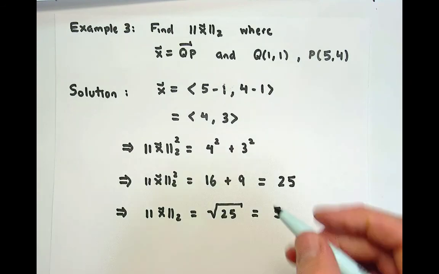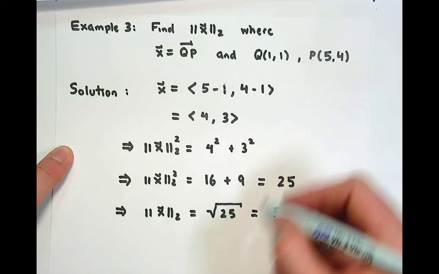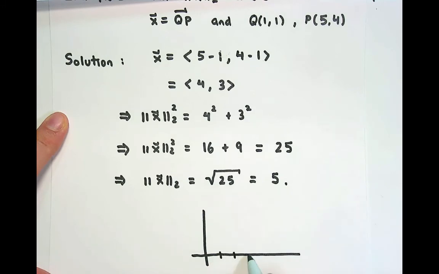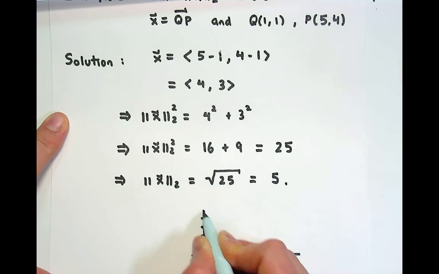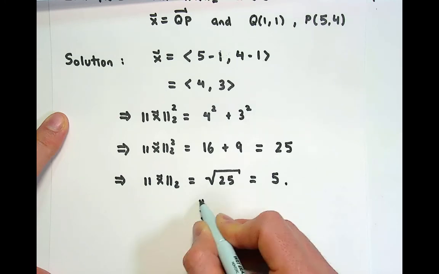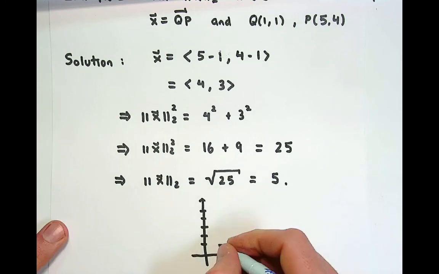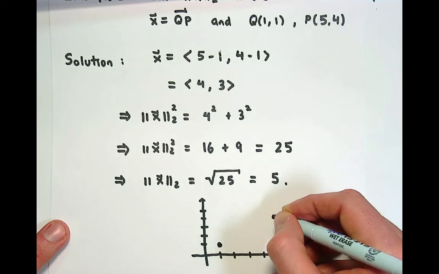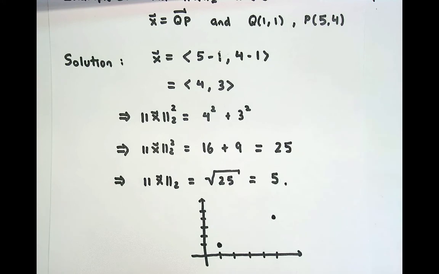In other words, when I look at the vector connecting these 2 points, 1, 2, 3, 4, 5. Here's this one.